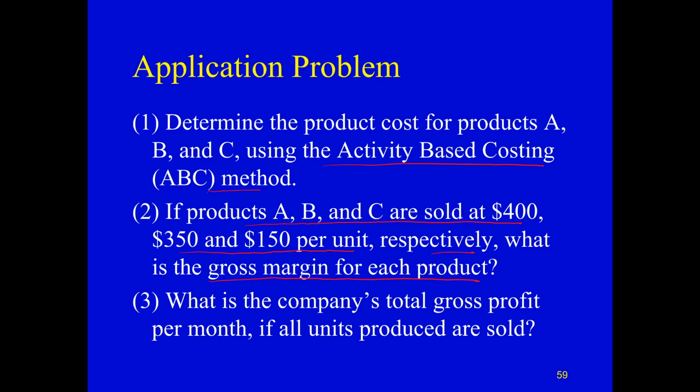So if we have this $400, $350, and $150 per unit, and the number of units sold is given to us, then we can find our revenue, and cost of goods sold we can find using activity-based costing, and then gross margin is revenue minus cost of goods sold. What is the company's total gross profit per month if all units produced are sold?